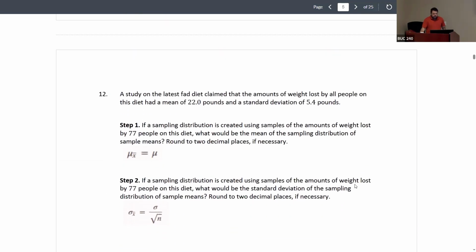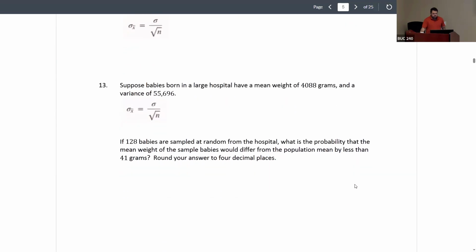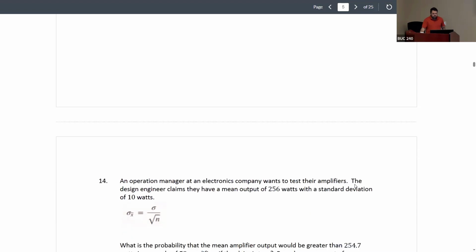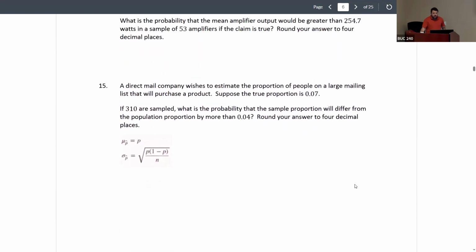Again, there's that one there. Law of normal, there's one right here. The Dray Mail Company wishes to estimate the proportion of people on a large mailing list that will purchase a product. Suppose the true proportion is 0.07. Be careful.